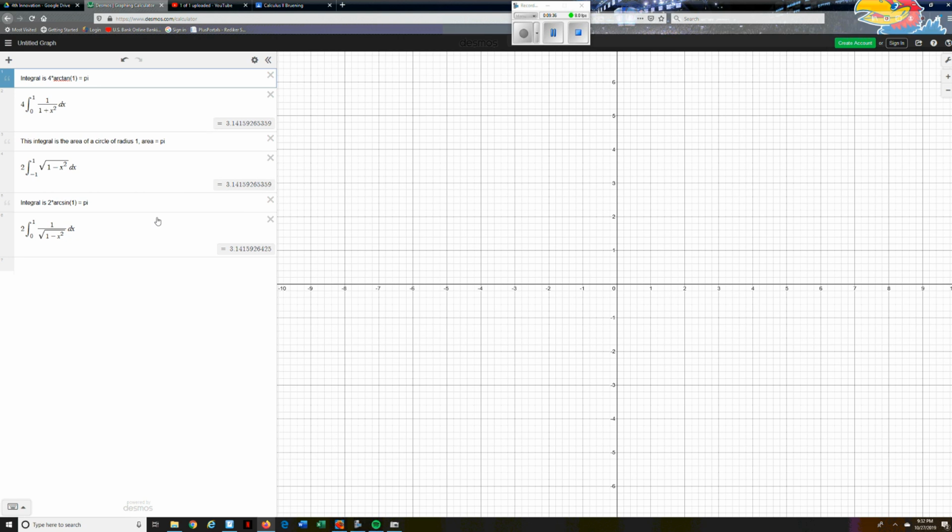All right, now this one here, this antiderivative, we're going to say, is the arcsine, and when we plug in 1, we get pi over 2, we double that, we should get pi. So for all three of these integrals, we should get pi, but yet we don't get the same value here. We don't get the same value here.